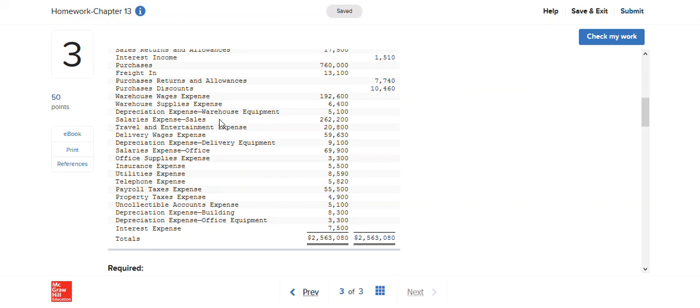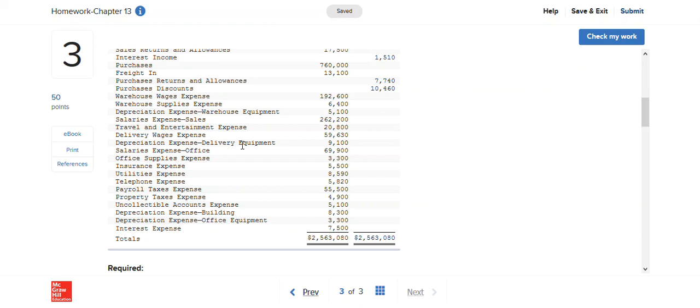Then we've got selling expenses, and there's a sales expense. Travel and entertainment is actually considered a selling expense, as is delivery wages expense. Delivery expense is something that the business incurs to deliver the items, and that's kind of a perk of buying with the business, so we consider that a selling expense. And then the depreciation on delivery equipment is also selling.